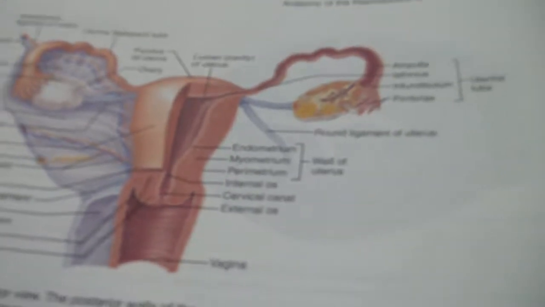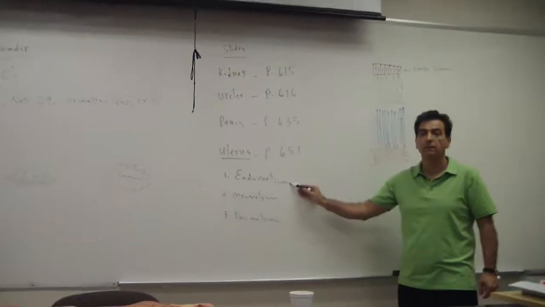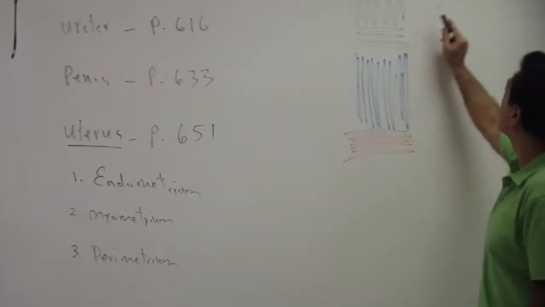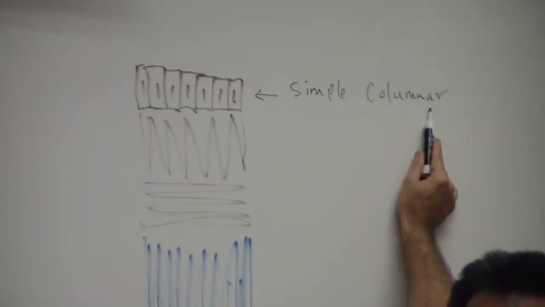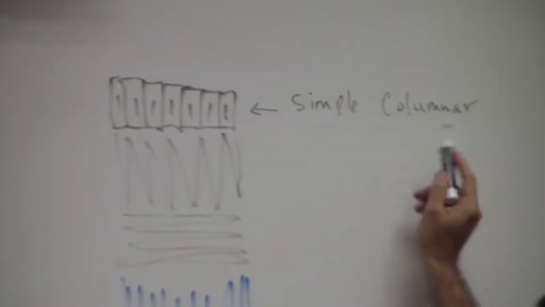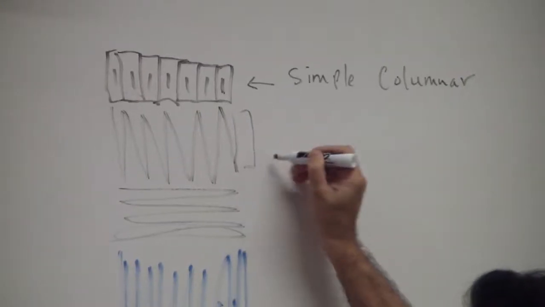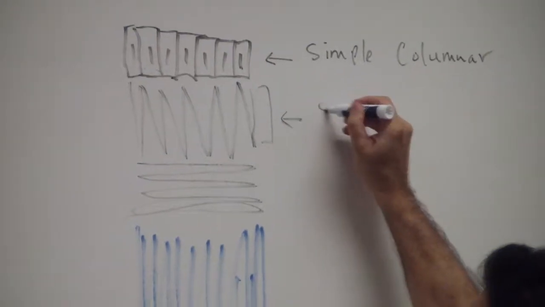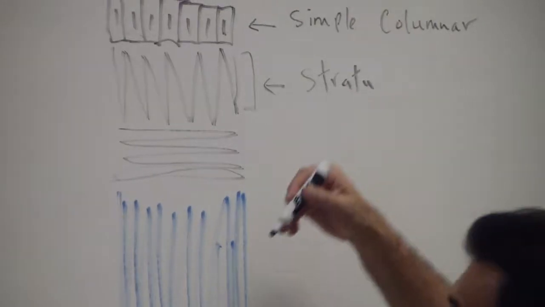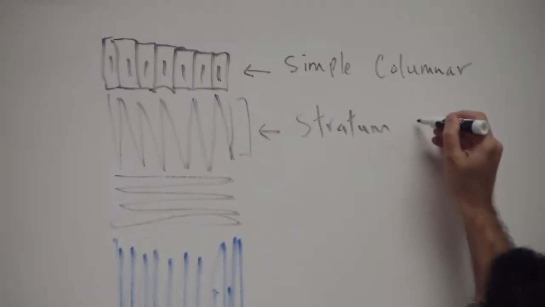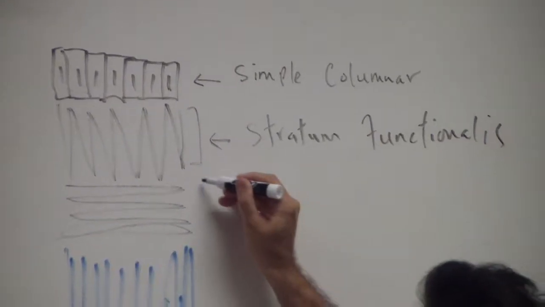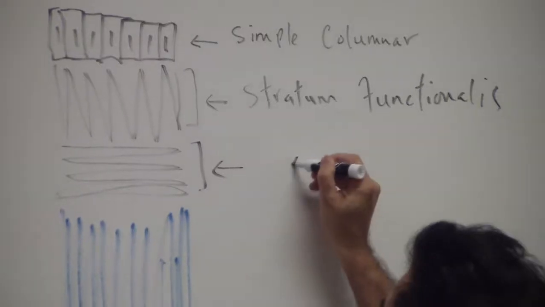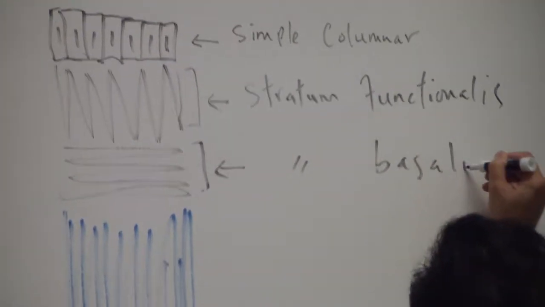The endometrium, the innermost layer, is made up of simple what? Columnar cell, and a layer called, microscopically when you look at it, stratum functionalis and stratum basalis.